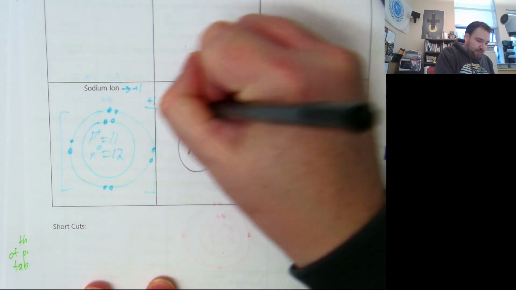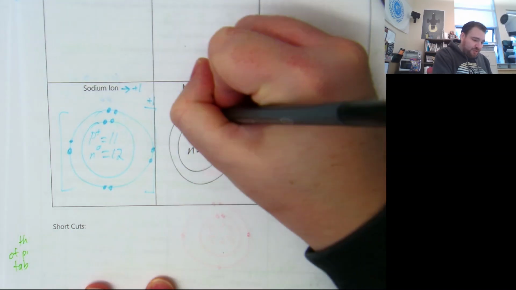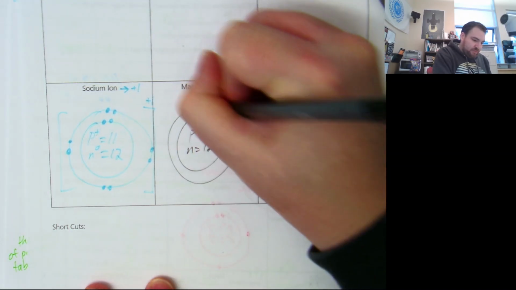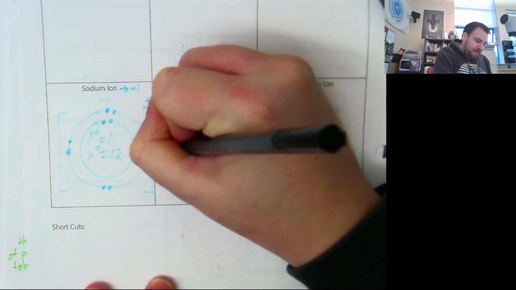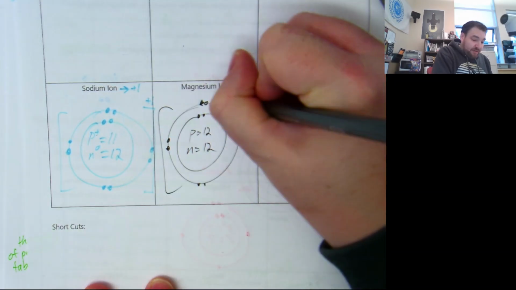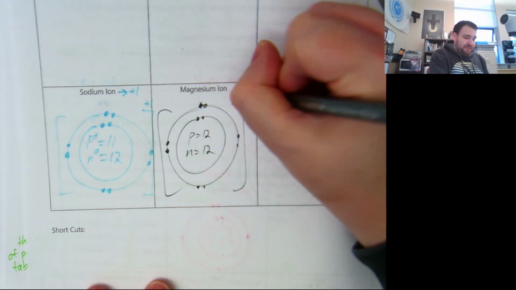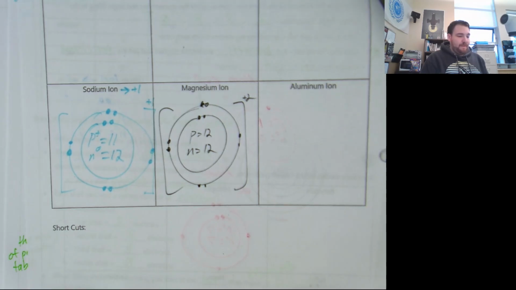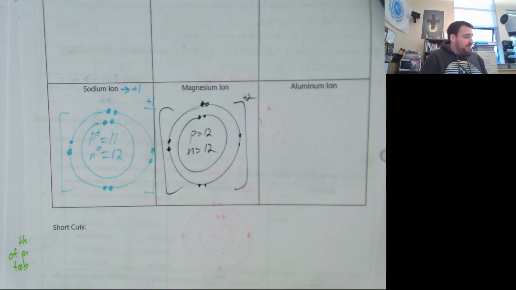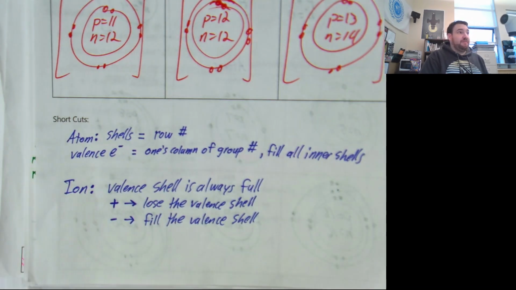It's just going to have 2. And those shells have to be full. It's a lot less to think about, and then we can throw the charge outside. It's going to be plus 2, because that's the ion charge listed on the table. It's just another way to think about how these things get drawn. I guess it's not so much a shortcut. It's just a different way to do it. Questions about the shortcut?